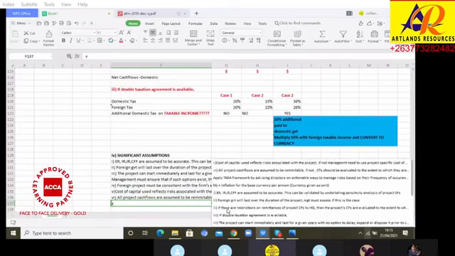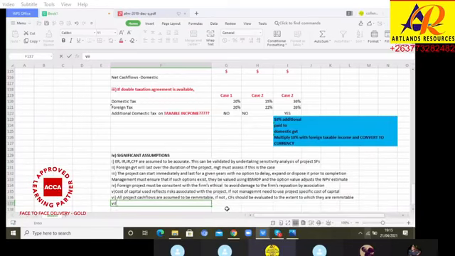Another point is the foreign government is assumed to agree to the transfer price of components HQ charges to the foreign project.